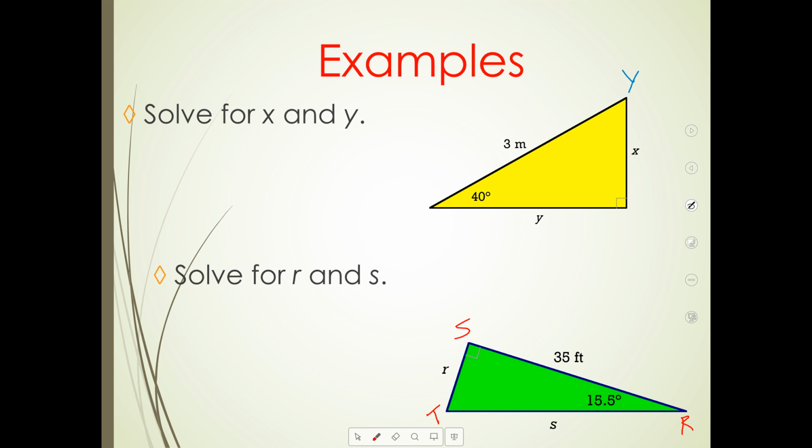R over S? Yeah, you can't solve that though. So you gotta do a different one. Different what? If you do sin of the angle equals R over 35.